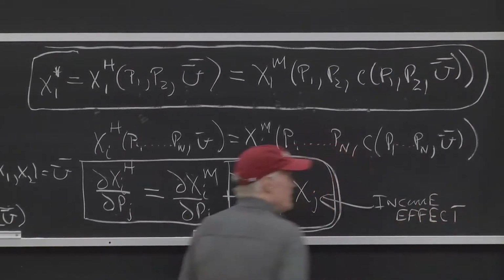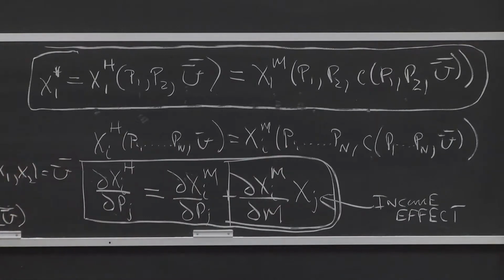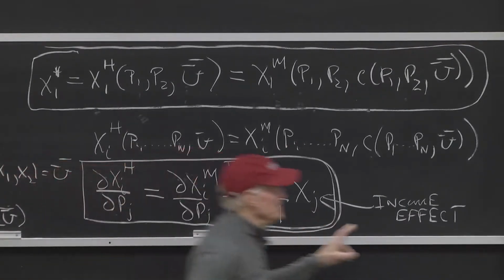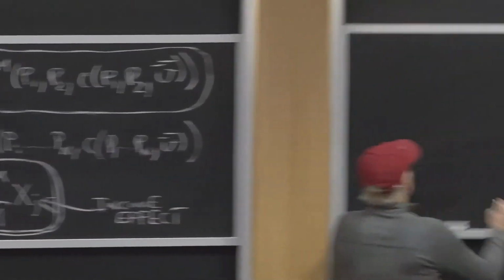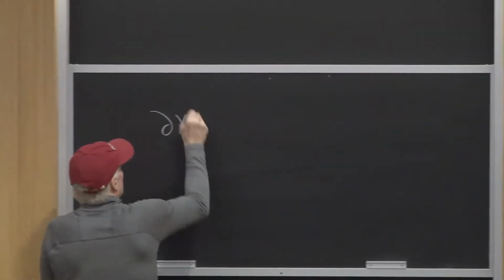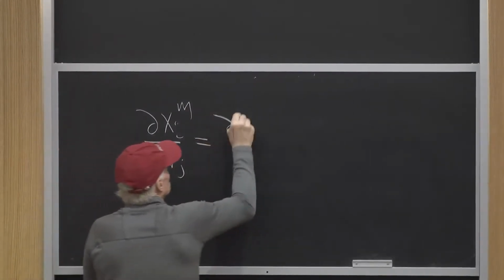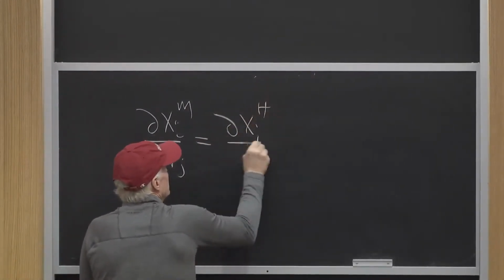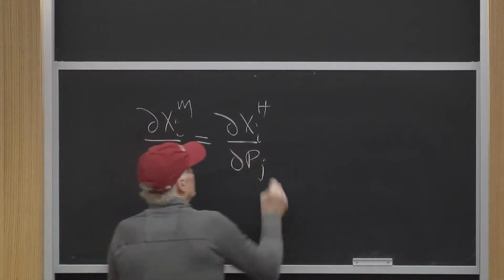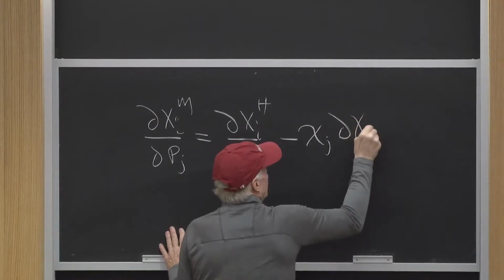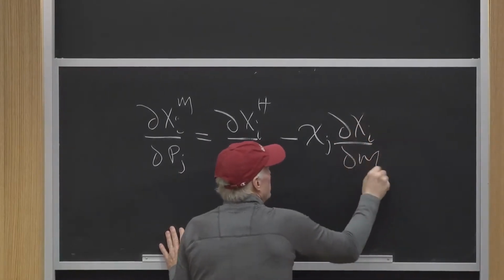And to think about where the income effect comes from, it's pretty easy. Okay, so let me put this over on this side because I think it's the easier way to think about it. So I'm going to write partial xim partial pj equals partial xih partial pj minus xj partial xi partial m.